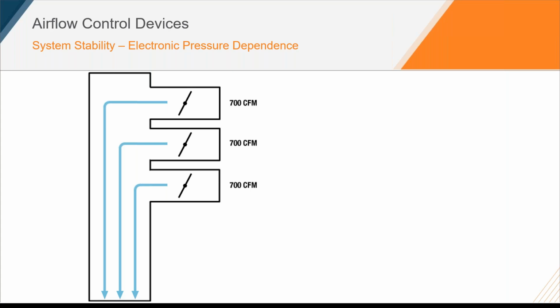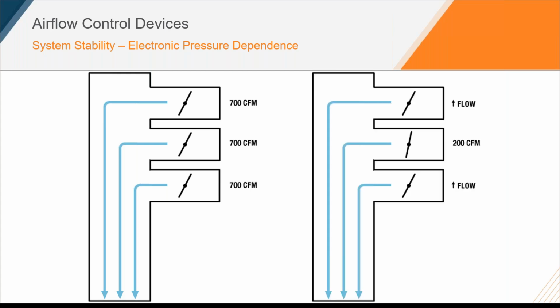If, let's say, the middle valve suddenly starts to operate at reduced airflow, let's say 200 CFM, we'd expect that the fan would now have less area to pull flow through, so we're suddenly going to see an increase in pressure. If there's no controller or actuator to adjust those damper blades as that static pressure fluctuates, we would then expect to see the airflow from the top valve and the bottom valve increase accordingly. So you have to have a controller and an actuator on all 3 air valves in order to give us that damper change when the static pressure increases.